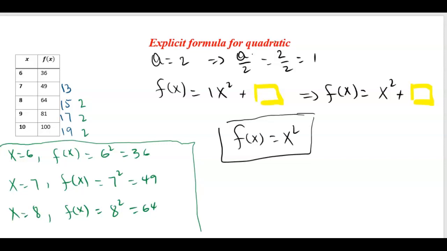At a later time I will do another video where we use the standard form of the quadratic function to write the explicit formula, because sometimes it can be more complicated than that. That's just a simple example of how to write the explicit formula for a quadratic function.